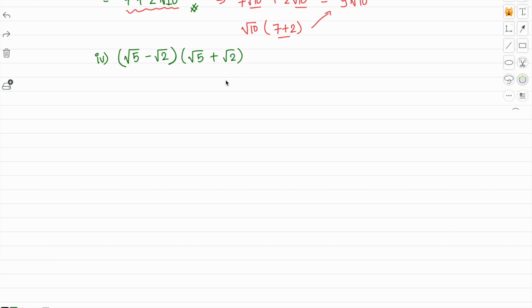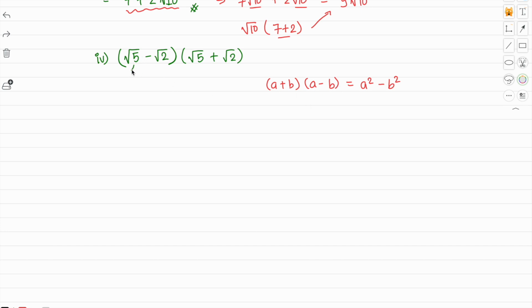Again, this looks somewhat similar to our second question, right? Again, we have something like a + b and a − b. Now, what was the formula of (a + b)(a − b)? We just did that before. It is a² − b², right?